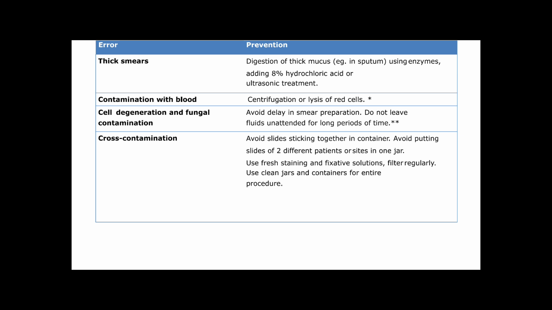Specimens with high protein content such as pleural, peritoneal or pericardial fluid can be preserved for 24 to 48 hours. Specimens with low mucus or protein content such as urine or CSF will be well preserved for only 1 to 2 hours even if refrigerated.